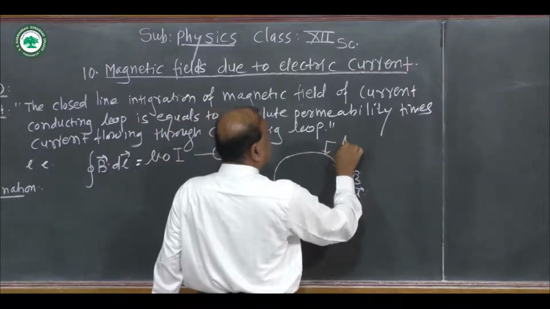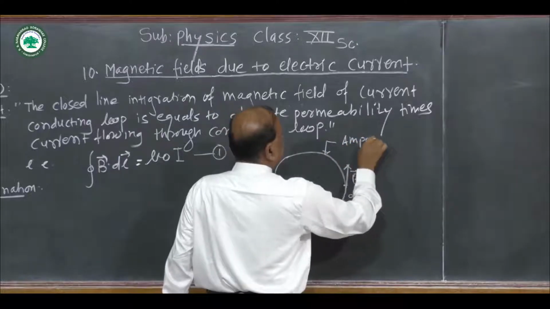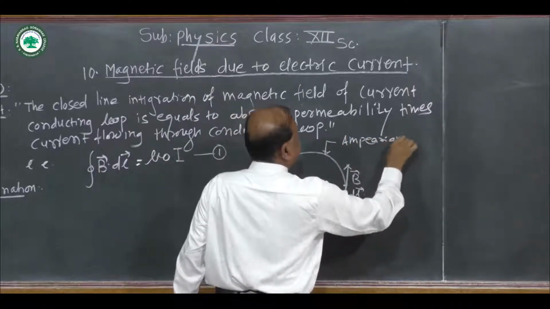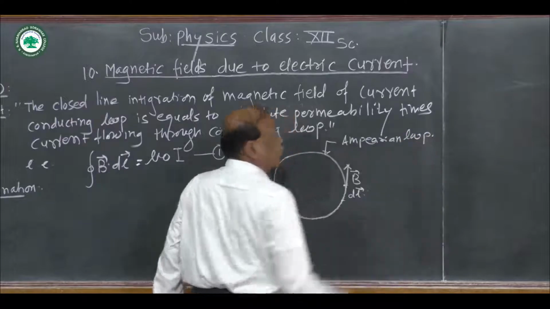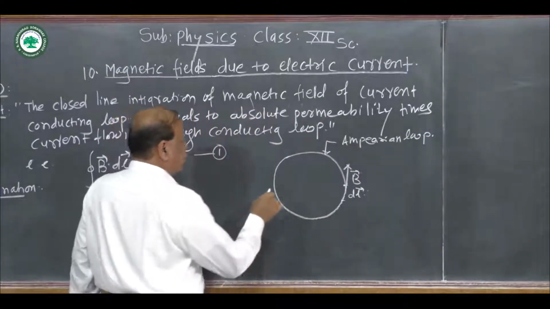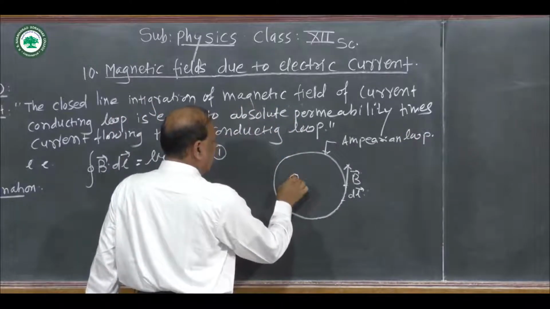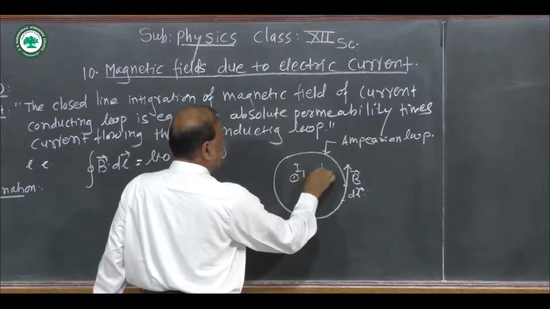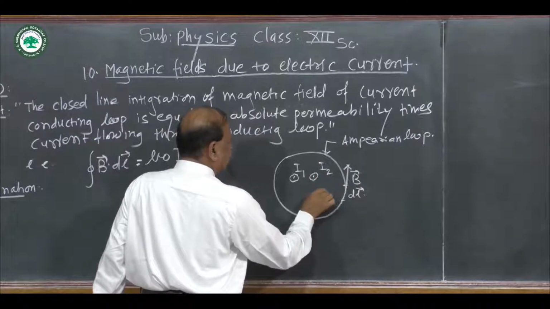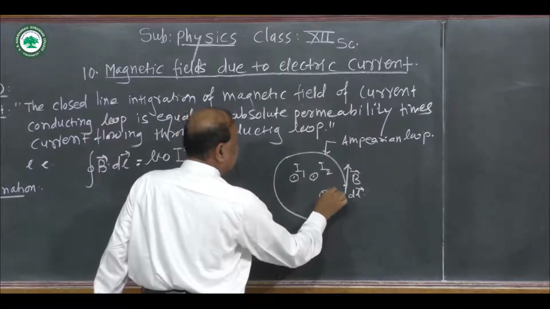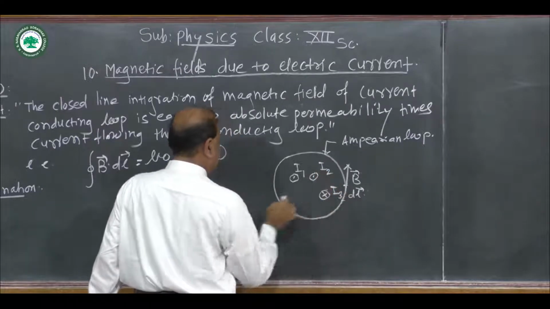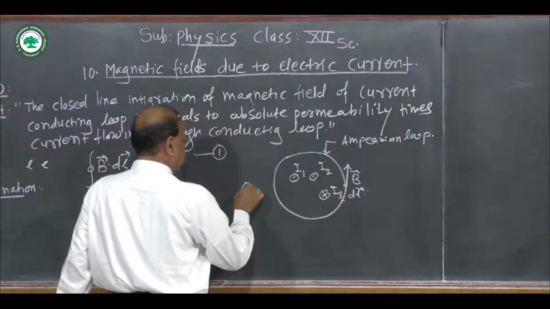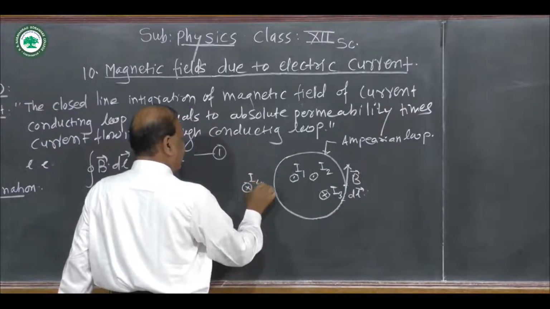This is known as the Amperian loop. Now this is the current I1, this is current I2, this is current I3, and this is current I4.